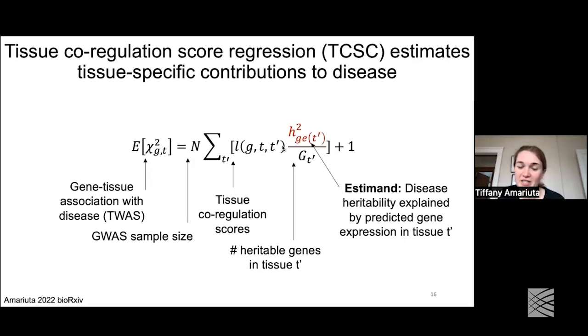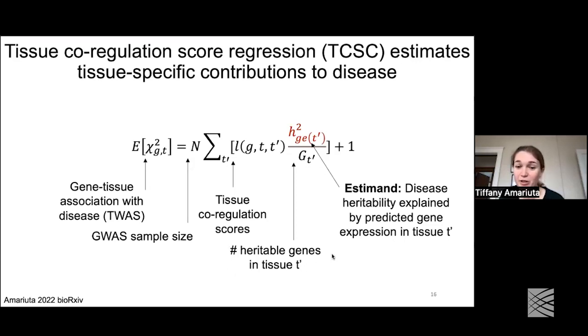And then this gets weighted by the causal contribution of tissue T prime. Because this quantity is an aggregate across the entire tissue, the per-gene quantity would be this quantity divided by the total number of genes in tissue T prime.